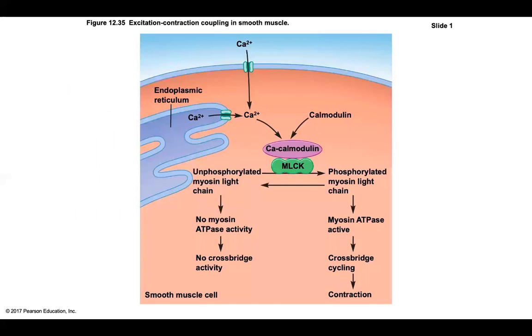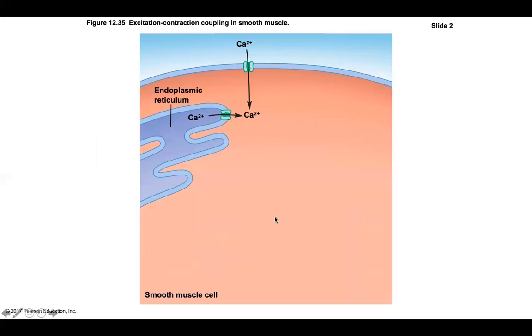Okay, so just to go through that again, we've got calcium coming in from the external environment, along with calcium coming from the sarcoplasmic reticulum. It's coming from both of these sources, and it's going to be dumped into the sarcoplasm, really the cytoplasm of the cell. From there, it's going to bind to calmodulin.